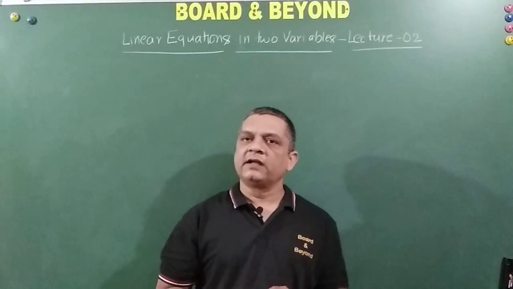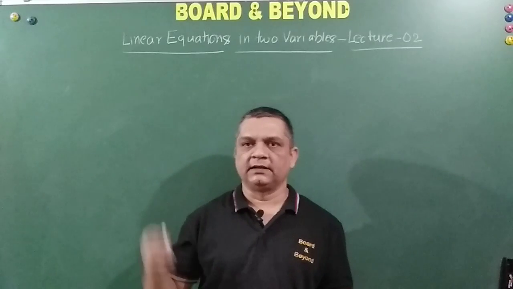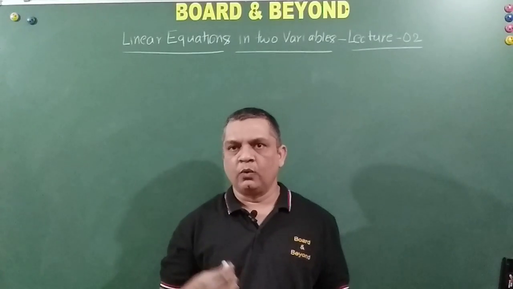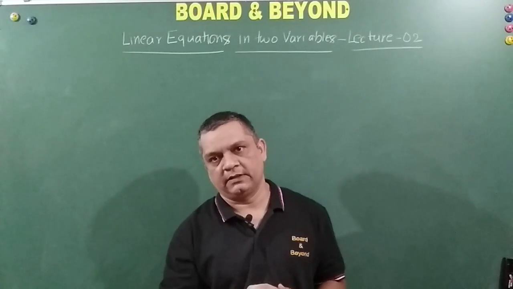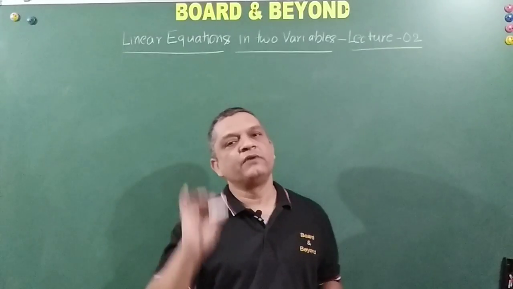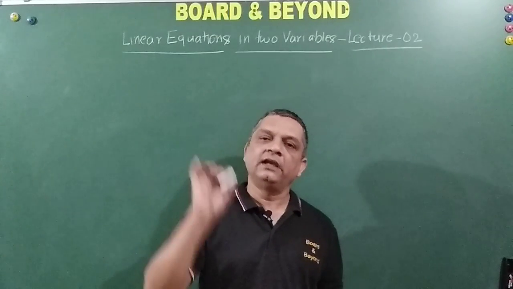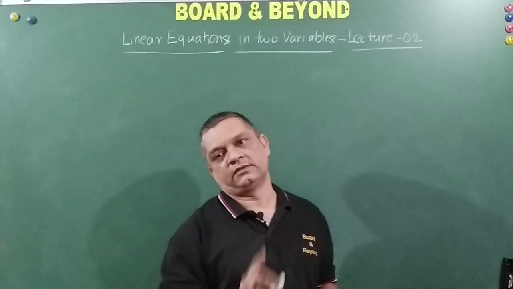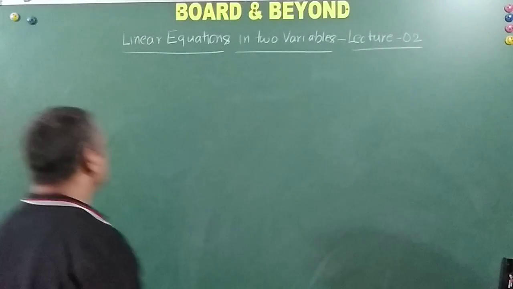So friends, there are 3 methods basically. Okay, one is a graphical method, one is a substitution method, and one is a cross multiplication method. Okay, so we have seen the graphical method. So now we will see the substitution method of solving simultaneous linear equations in 2 variables. Right? With an example, I'll illustrate how we do that.